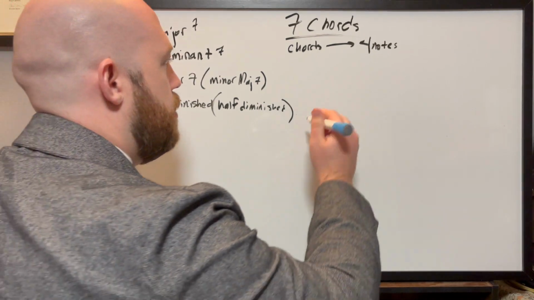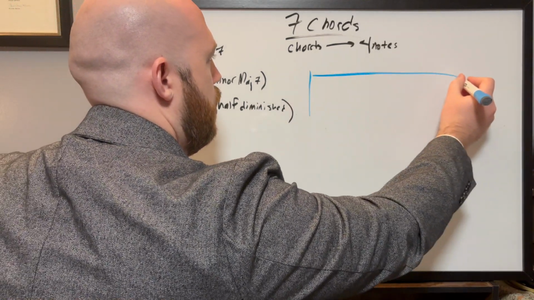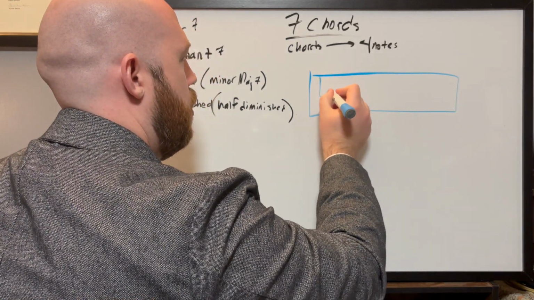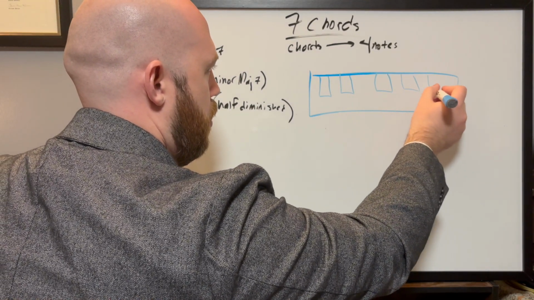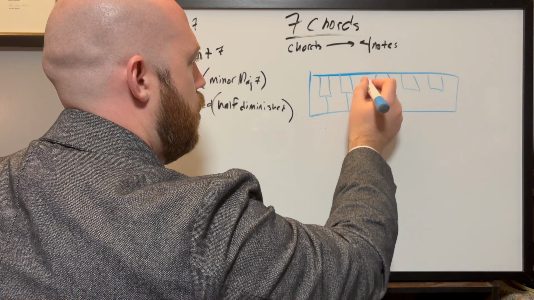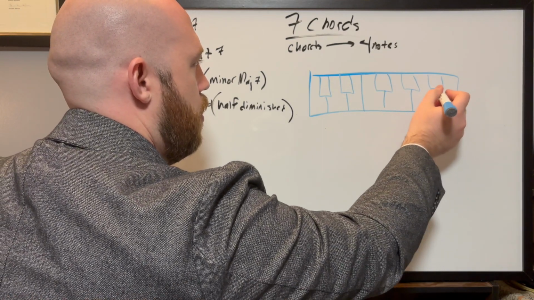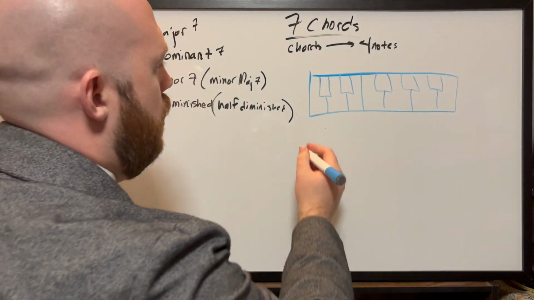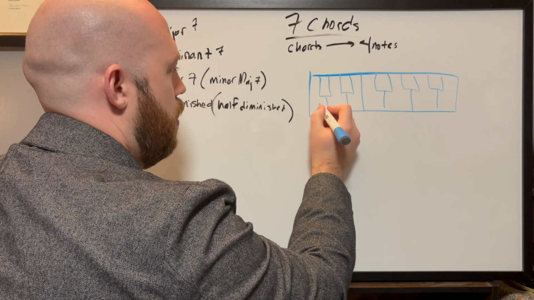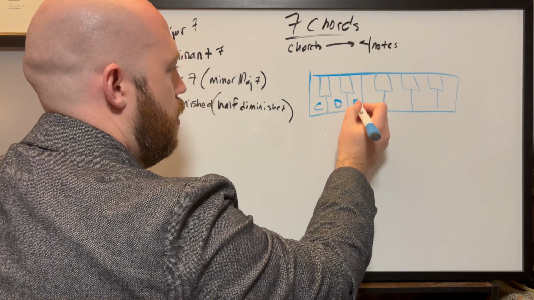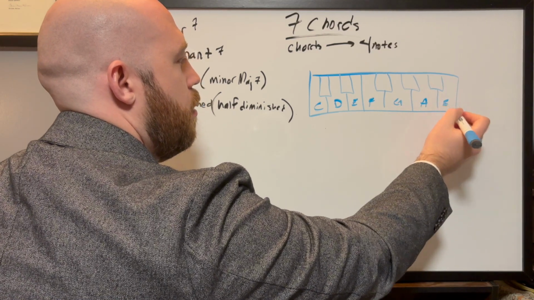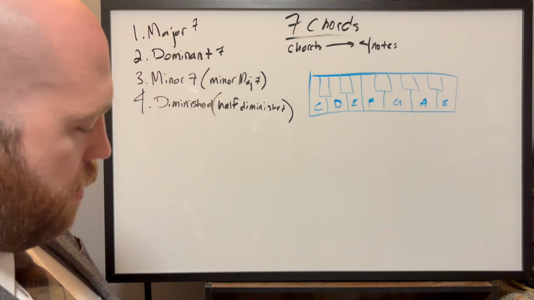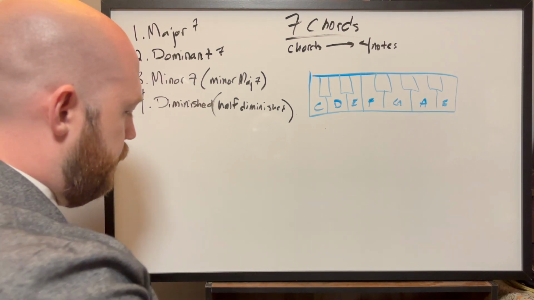Let me draw this out for us. Okay, we have our C, D, E, F, G, A, B. So 7 notes.